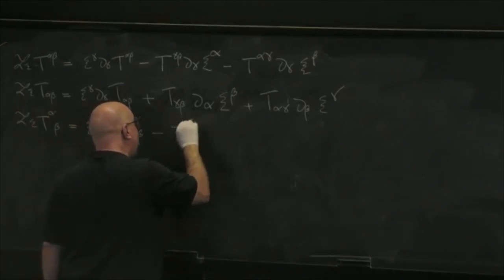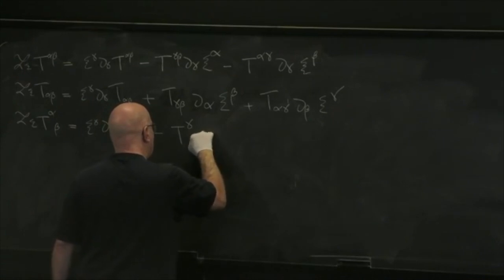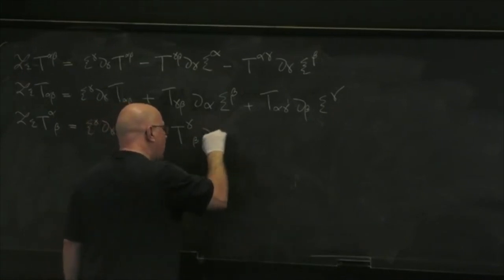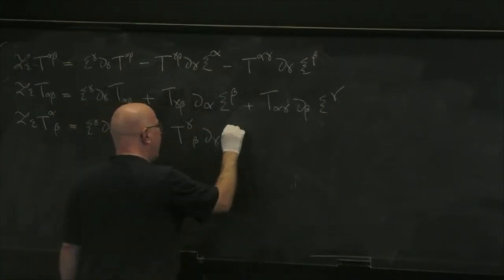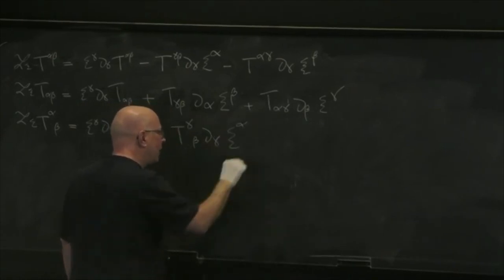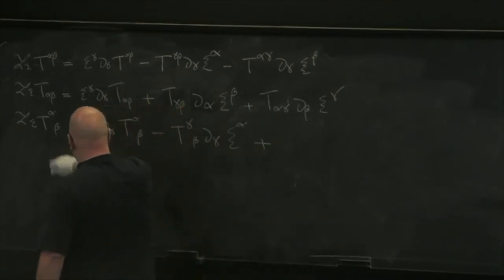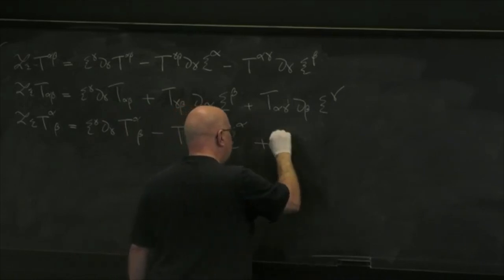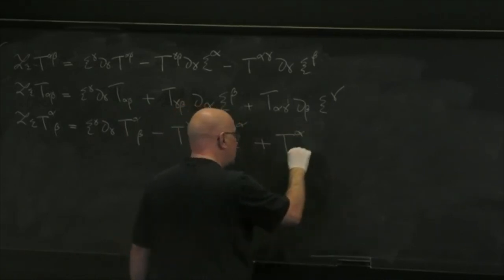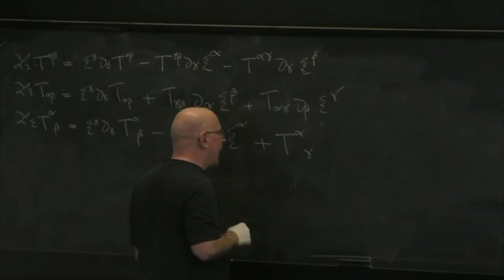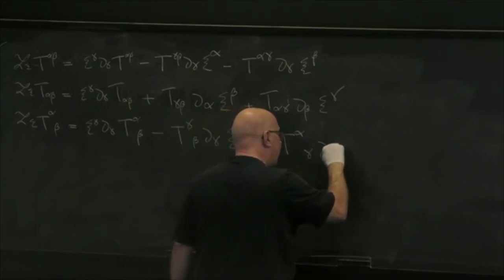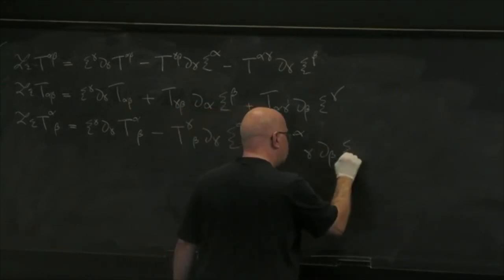We would replace the alpha index with the summation index, and we would combine this with the derivative. And then we would have C alpha. And then for the index beta, which is down, we would have a plus sign. And now we leave the first index alone. We replace the second index with a gamma. And then we have beta C gamma.